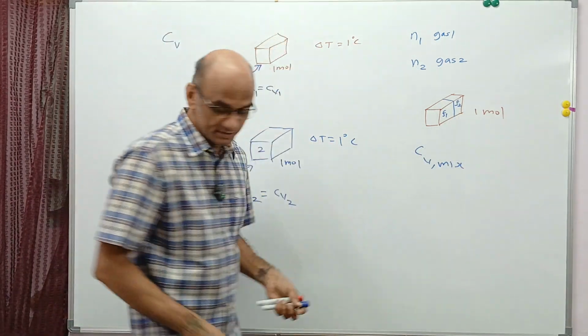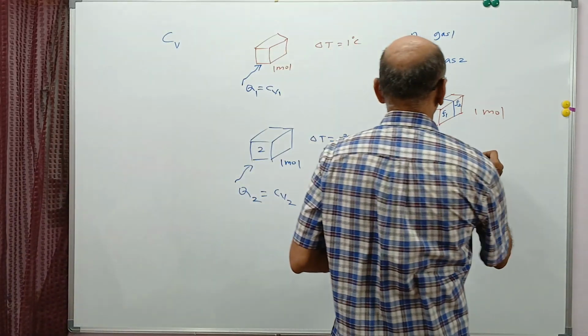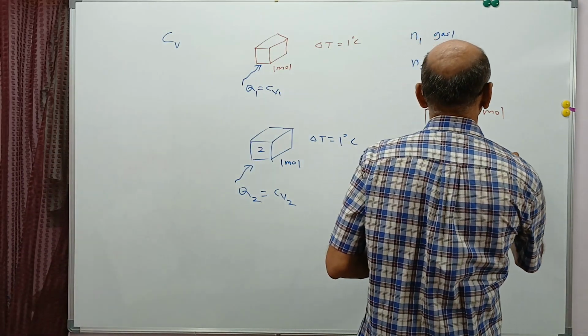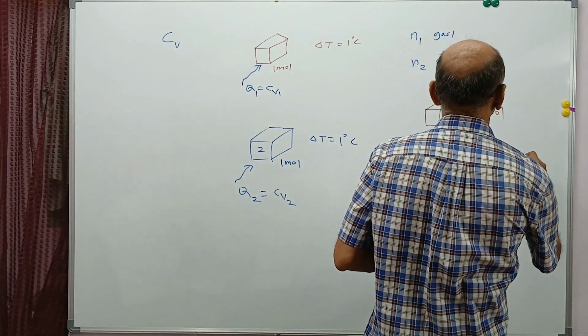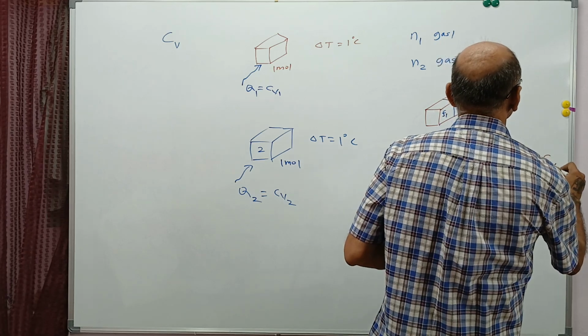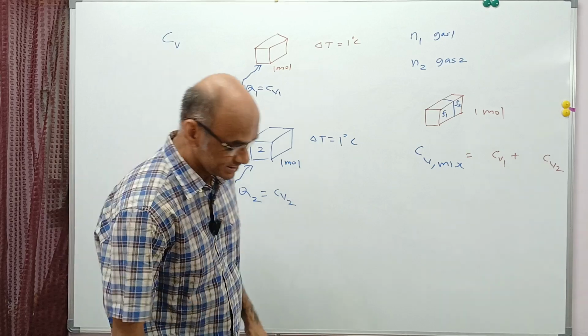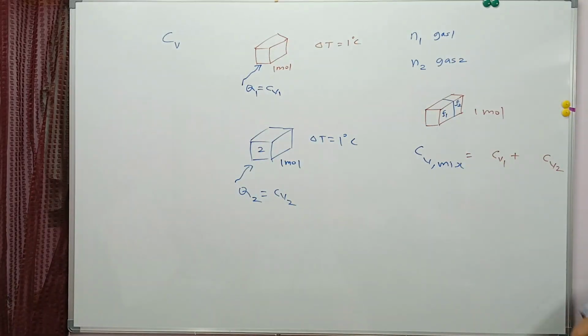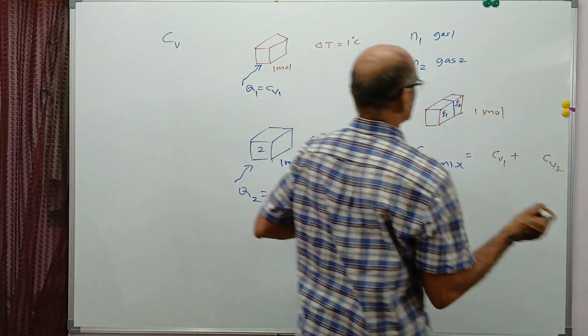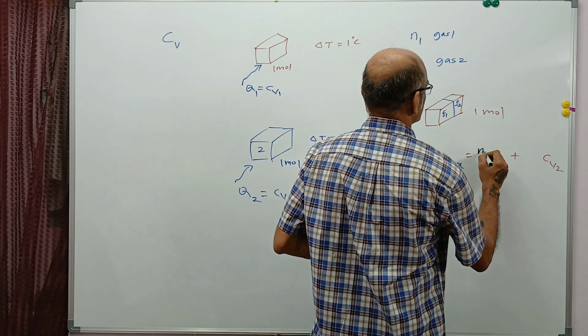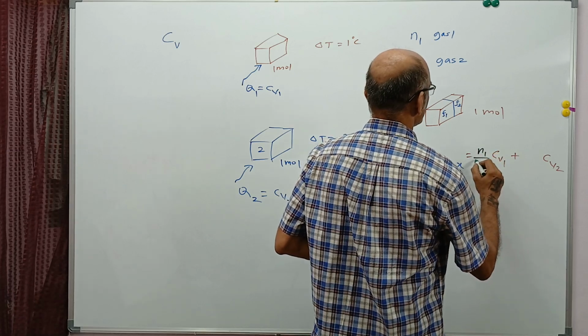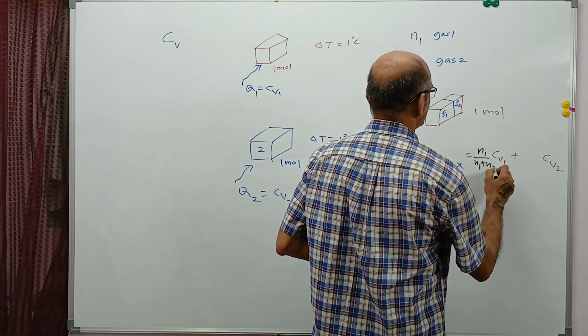So this CV of the mixture will be a combination of CV1 and CV2, and the weightage of the combination is the mole fraction. So the weightage of CV1 will be N1 by N1 plus N2.